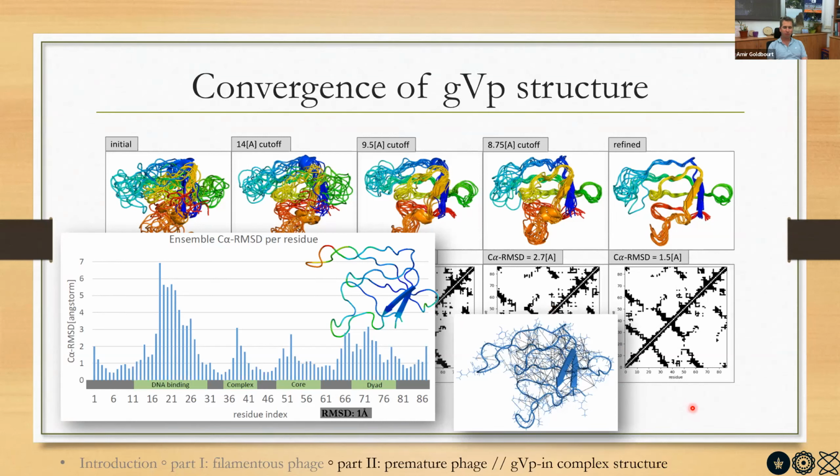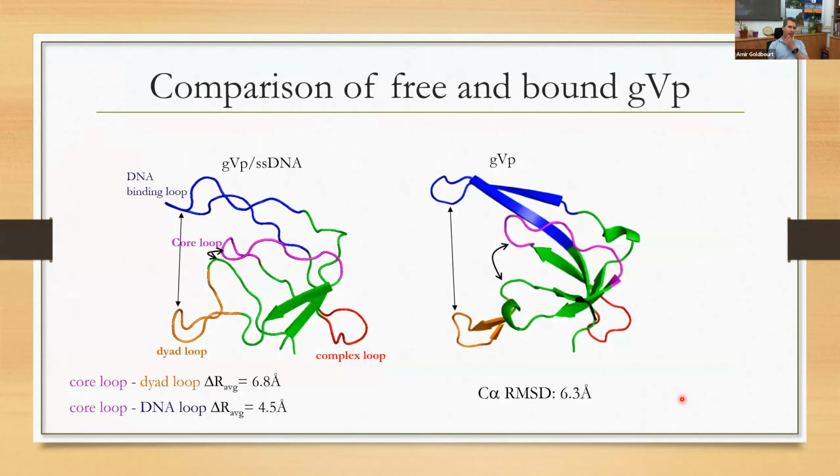The next step is, of course, to compare our structure with the free structure, that you see here on the right. When we do this, mind you, we have an RMSD of 1.5 for the entire protein, and the RMSD between the two structures is really huge. It's 6.3 angstrom. These are really dissimilar.